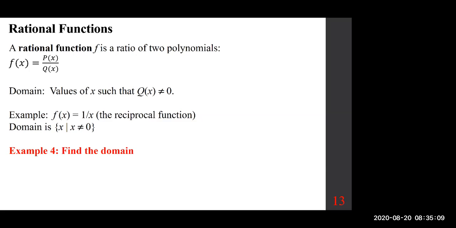Just to refresh your memory about rational numbers, they had a specific definition. It is a ratio of two integers, meaning anything that you can put in the form of a fraction where the top and the bottom are both integers is considered a rational number. That is how you prove a number is a rational number. And so that is the restriction. For rational functions, the top and the bottom are both polynomials.